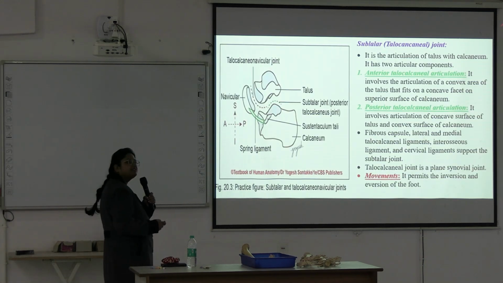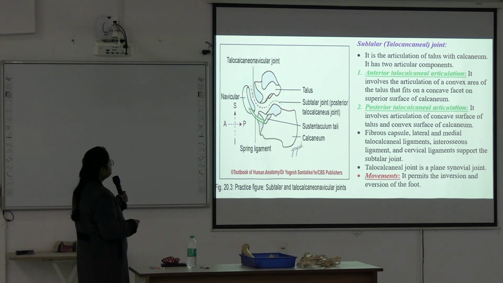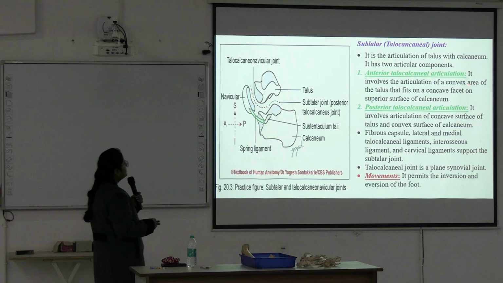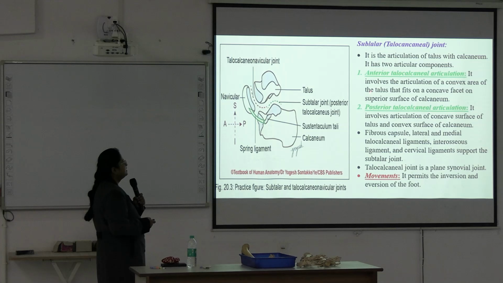The subtalar joint we will discuss in detail. See here, this is the talocalcaneal joint. The subtalar joint is the articulation of the talus with the calcaneum. It has two articular components.